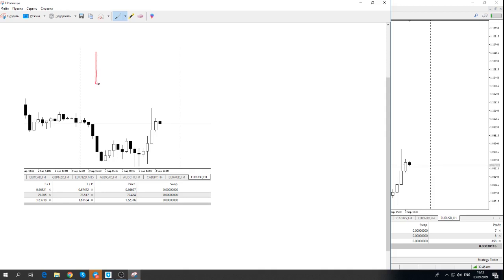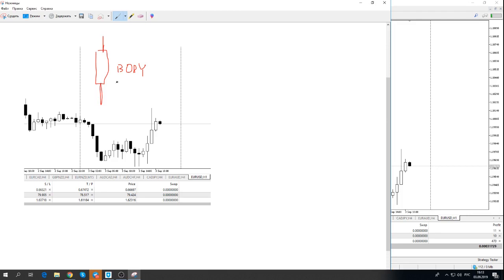Candle has a body, named body, and candle has a tail, you know, like a tail.